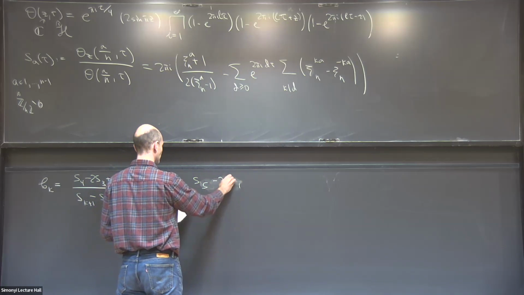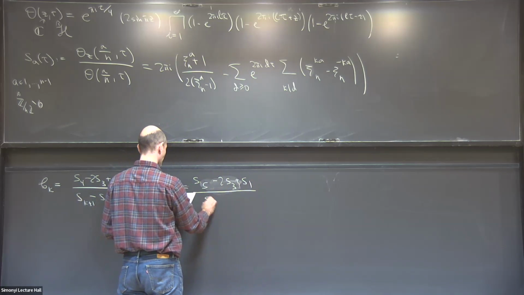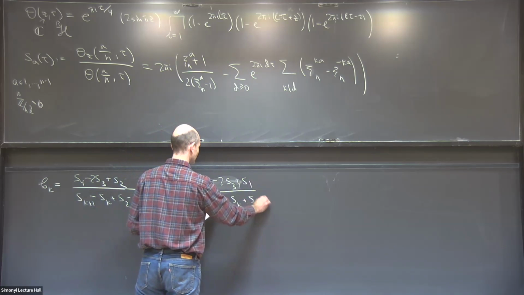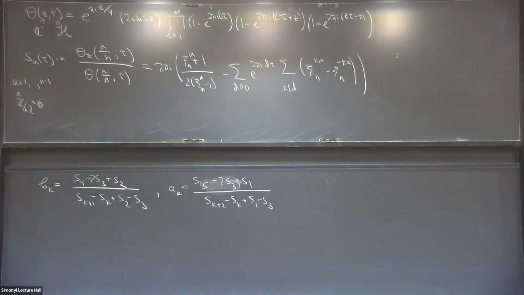S5 minus 2 S3 plus S1 over S_{k+2} minus S_k plus S1 minus S3. And so I got it. I mean, I just got the B part. And it looked very strange. I was looking for an error in my computation because according to Xavier, we should have an embedding with meromorphic forms.